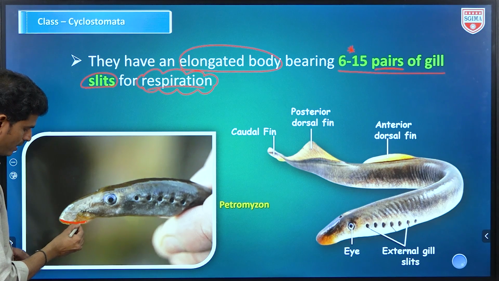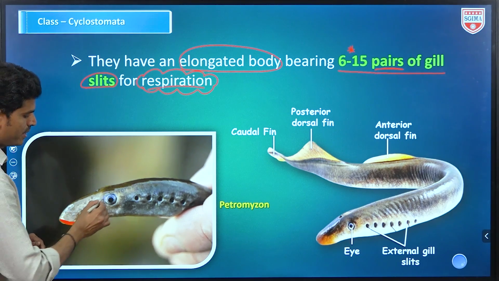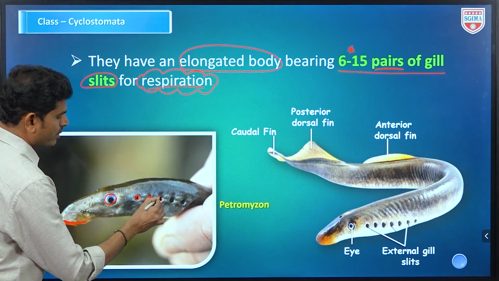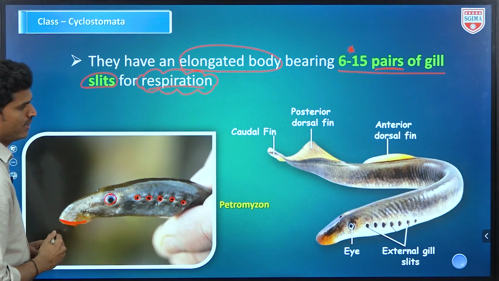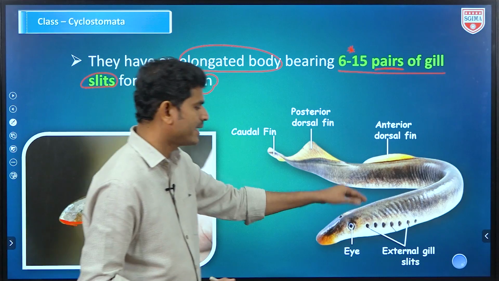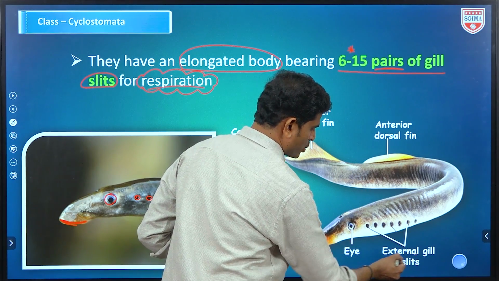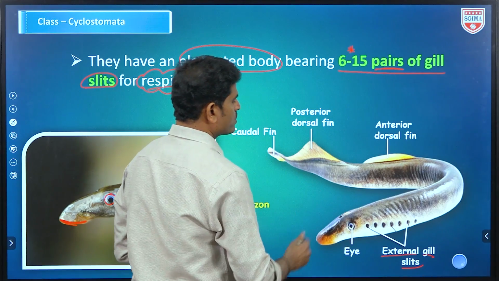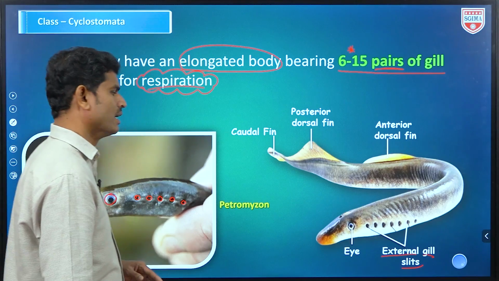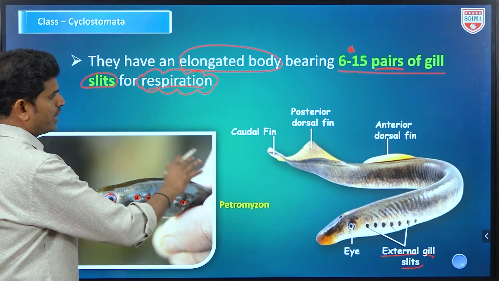We will see the mouth again later. Here, the mouth is sucker-like and ventrally located, and these are only the gill slit openings. Okay, those are 6 to 15 pairs, on the back side also, so these are also external gill slits here. Okay, so the body is elongated and contains 6 to 15 pairs of gill slits. They help in respiration.